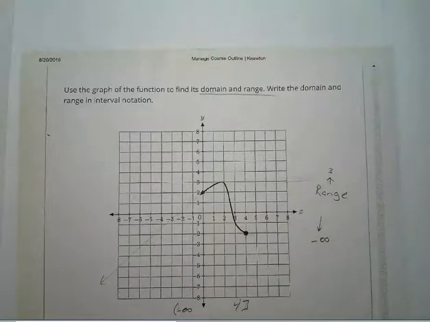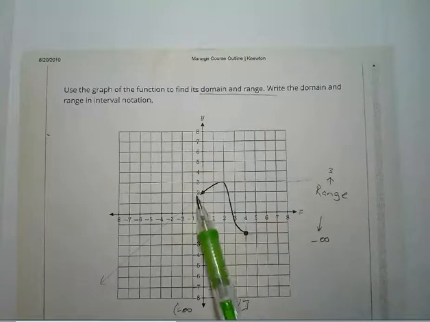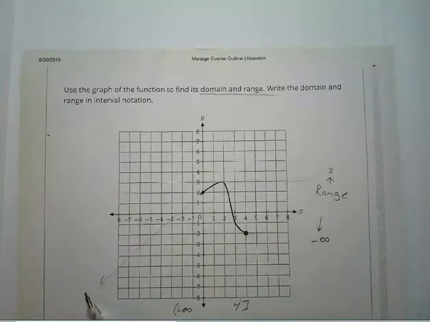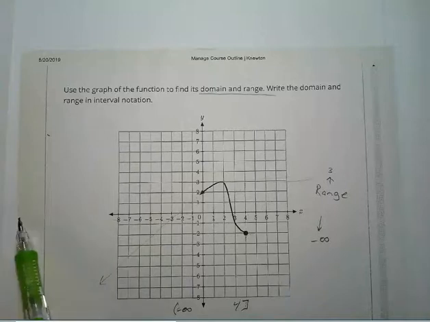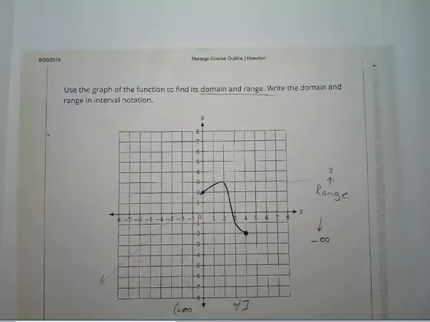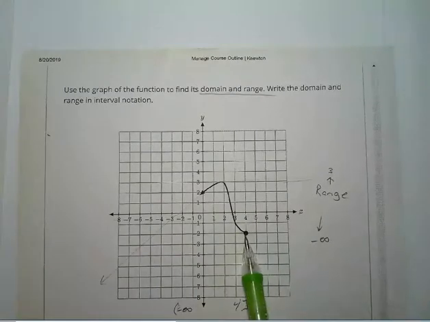Same thing with your domain. Because that arrow is going left, every possible x, if you go to negative 1,000,000, is eventually going to have a point on that graph. Because that's going to the left, it's approaching negative infinity. So you're going to go to negative infinity, and the x values stop once you get to positive 4.